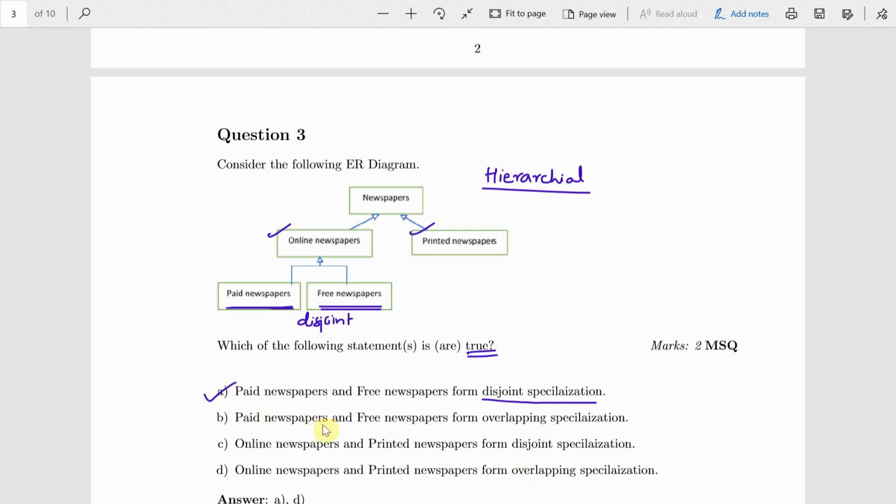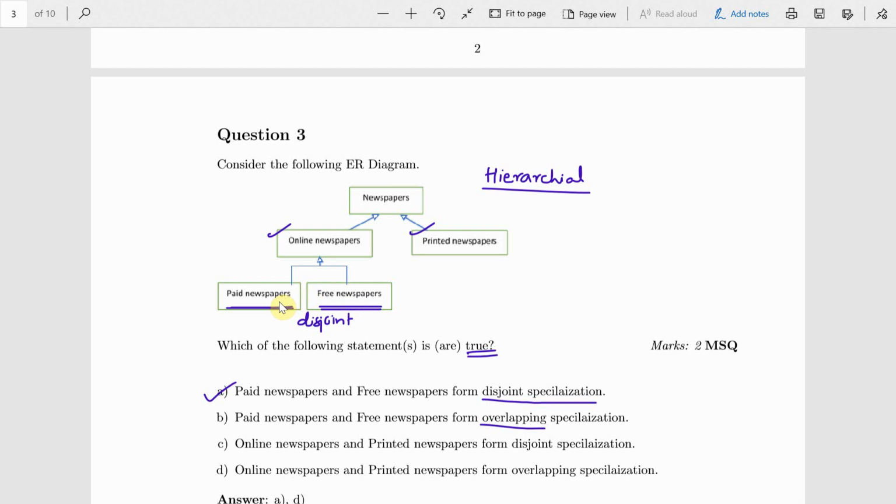Option B given, paid newspapers and free newspapers form overlapping specialization. Here overlapping specifies a paid newspaper is also a free newspaper, and simultaneously a free newspaper is also a paid newspaper. So practically speaking, if a newspaper is given freely, you cannot take any money for that.